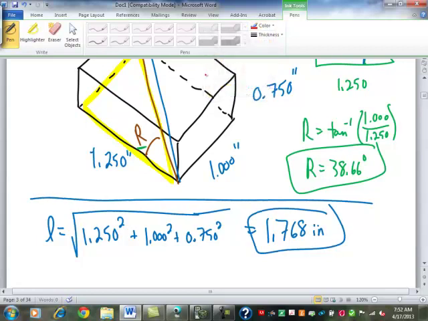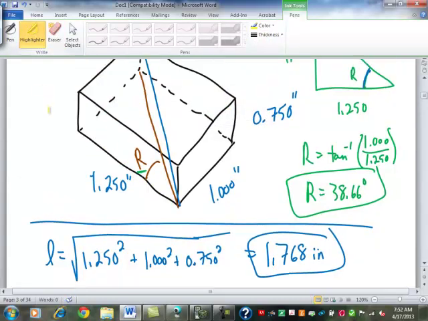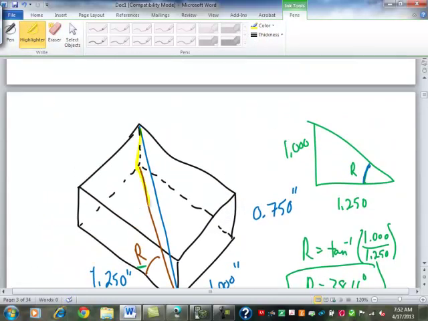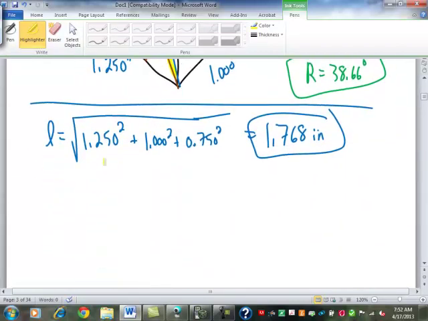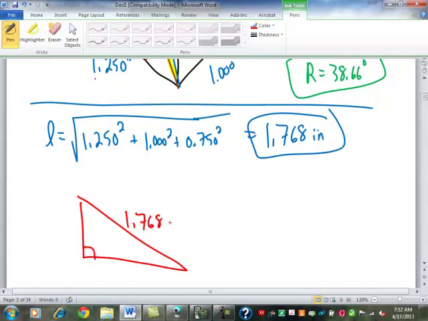Now that we have that, I'm not looking at this triangle anymore. I want to look at this triangle here, which we're looking at from kind of a skewed angle there, but this here, the hypotenuse is the 1.768 inches. That's our length of cut. Do we know any of the other sides? Yeah, we know this here. The material thickness is 0.75.